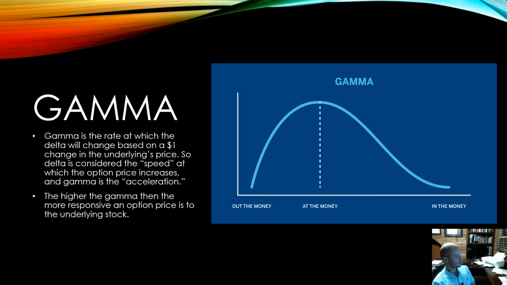And the higher the gamma, the more responsive an option price is to the underlying stock. That's why on a lot of days, on the 0 DTE days, gamma is your enemy for late day moves in either direction, because it can really mess your premium up really quick.